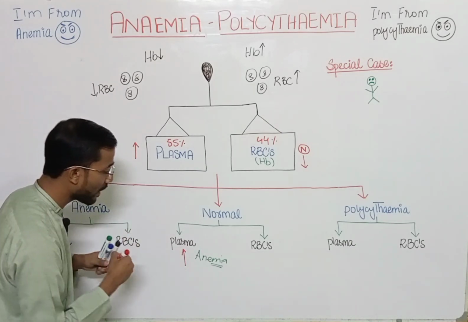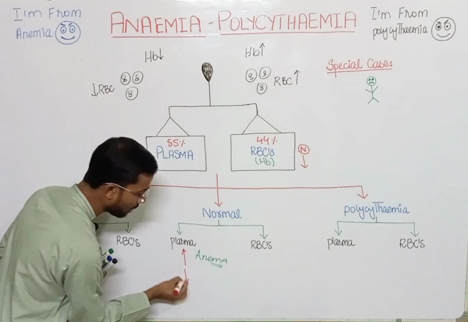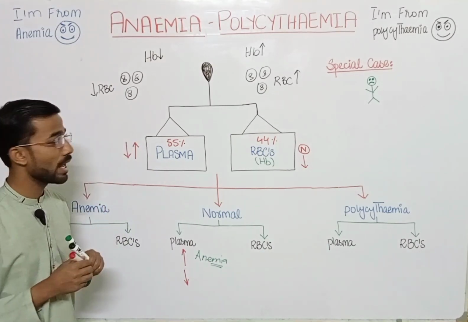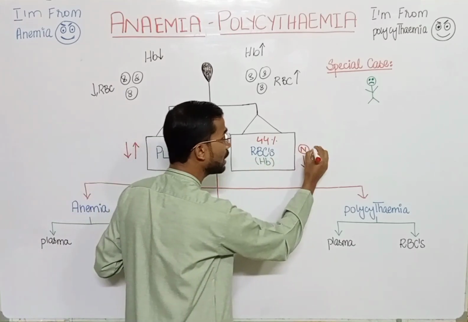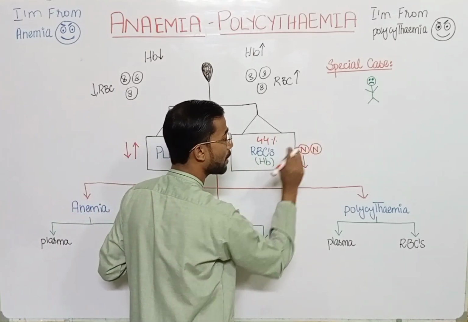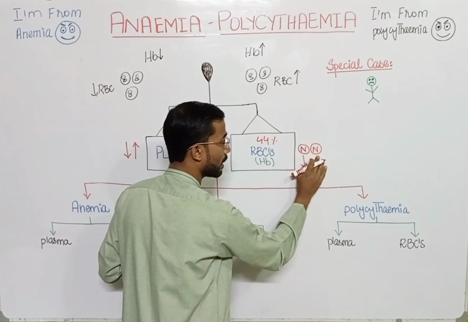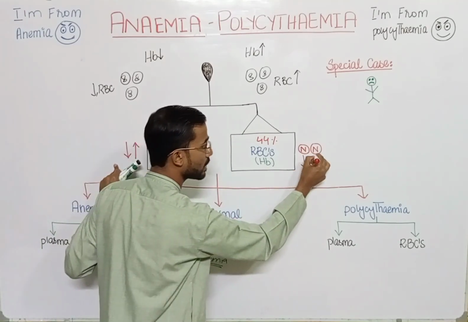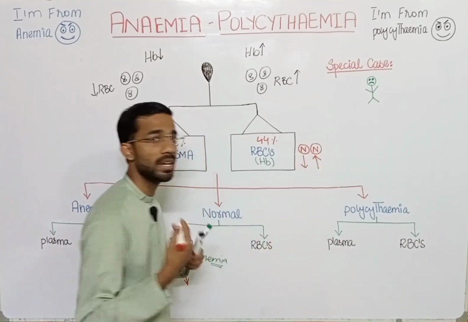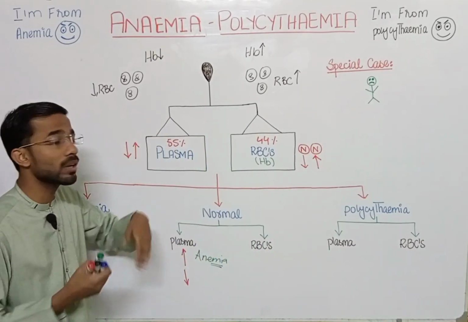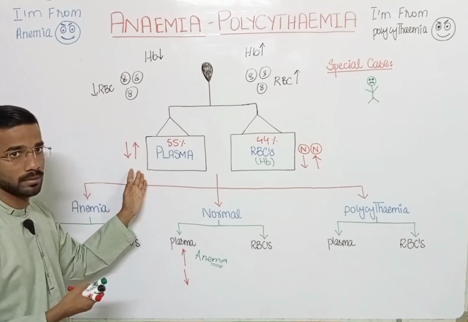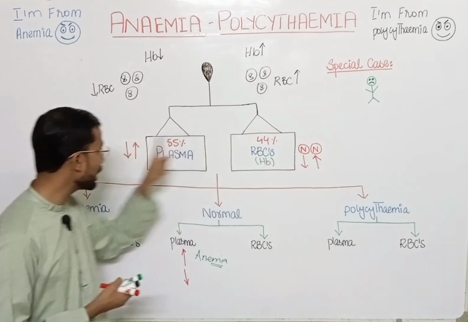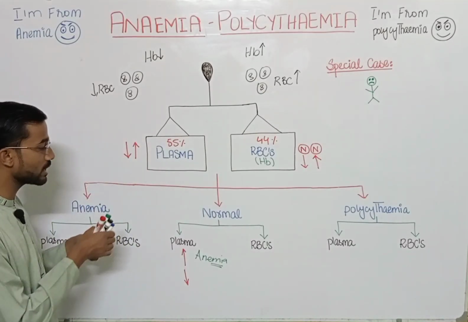Next is when the amount of plasma decreases. Then what will happen? Even though the number of RBCs is normal, if the plasma decreases, then the number of RBCs will actually look increased relative to the plasma. I am saying the number of RBCs increases relative to the plasma. So this is the situation.